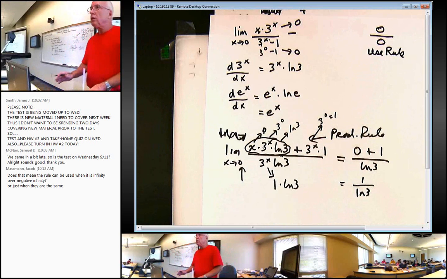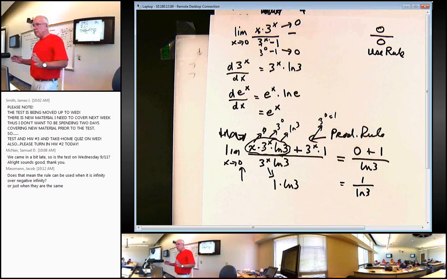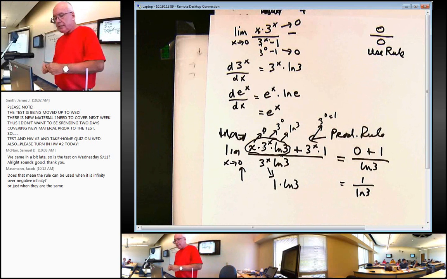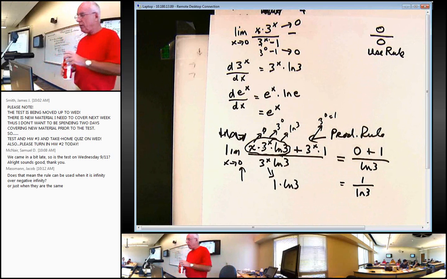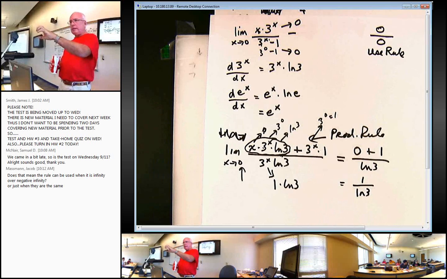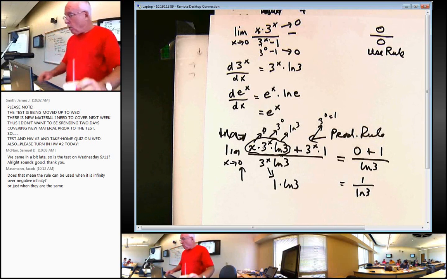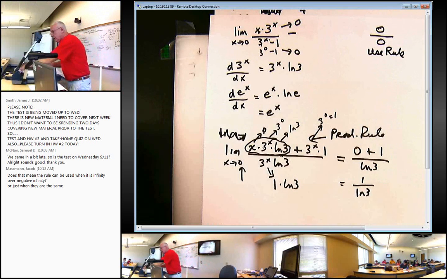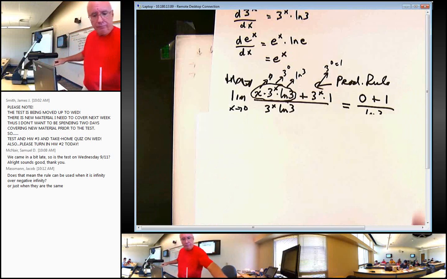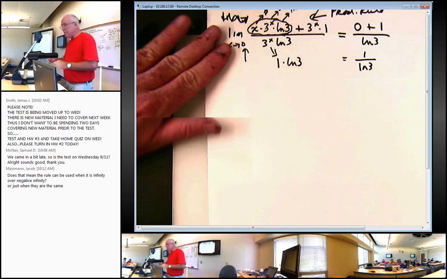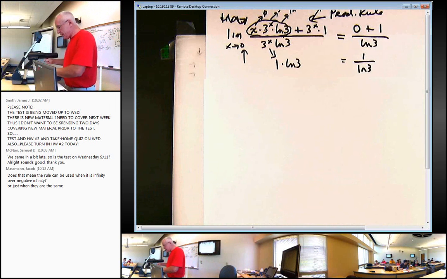What I want to do next are some other kinds of cases. Here we've been looking at something divided by something and trying to get the limit. Well, we can have problems with something called an indeterminate product.